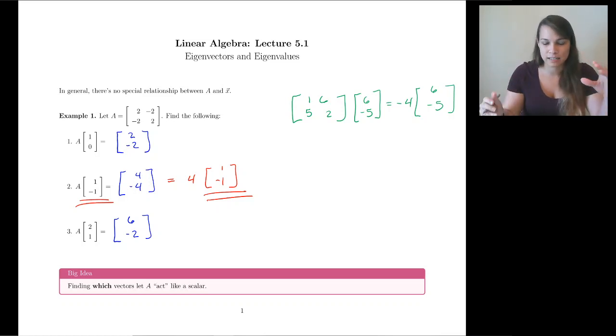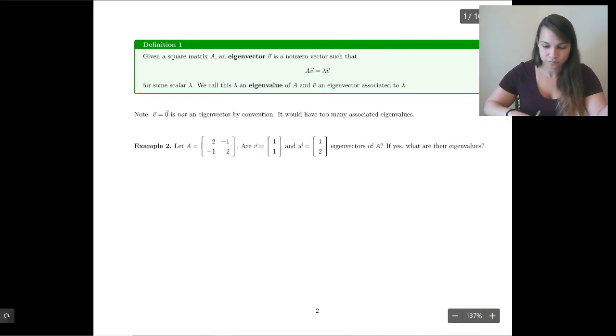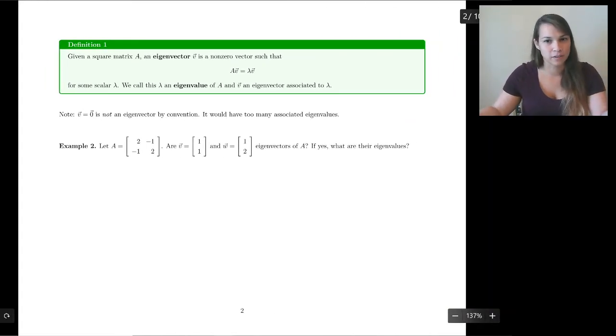So the big idea today is finding which vectors let A act like a scalar, by which I mean it has this special relationship where you get the original vector back times a scalar. We have a special name for these vectors.